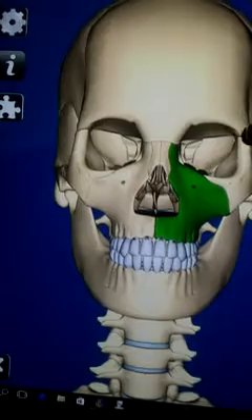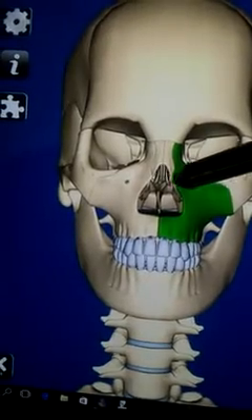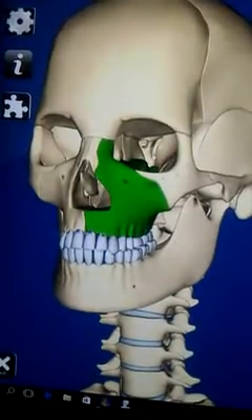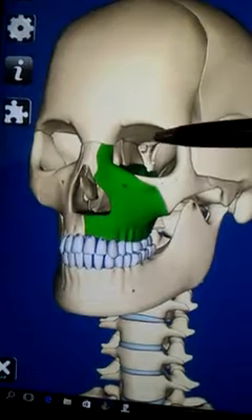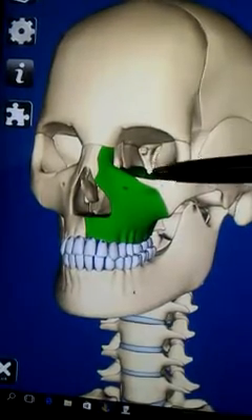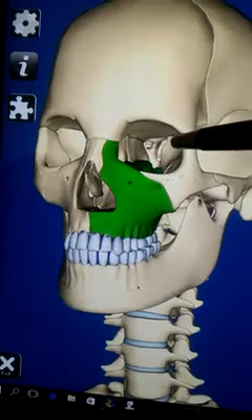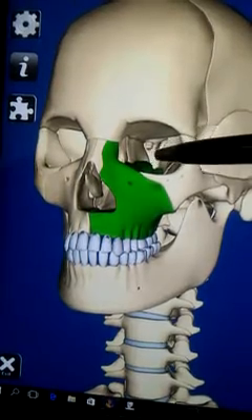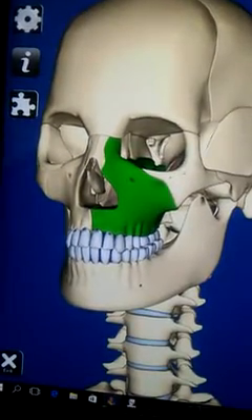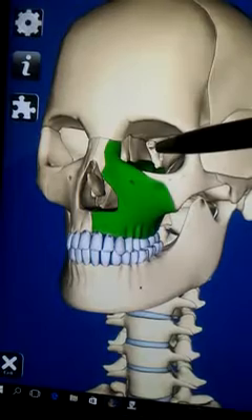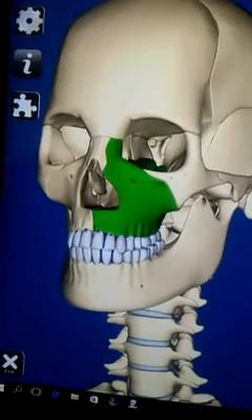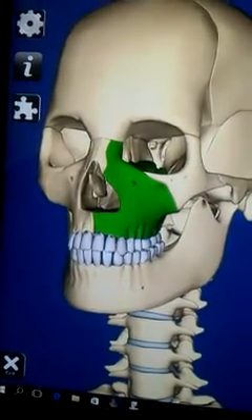At the apex it presents a V-shaped orbital fissure. The upper part is the superior orbital fissure, the lower part is the inferior orbital fissure, and you can see the optic canal here through which the optic nerve enters the orbit.